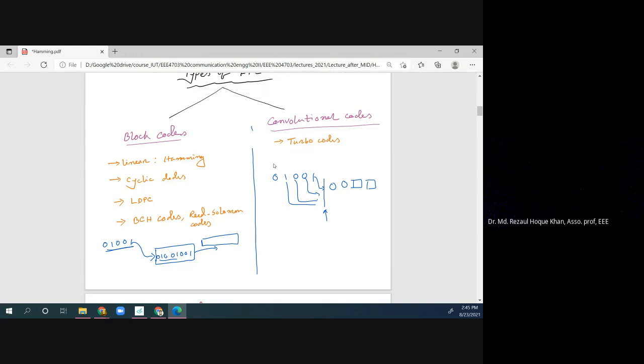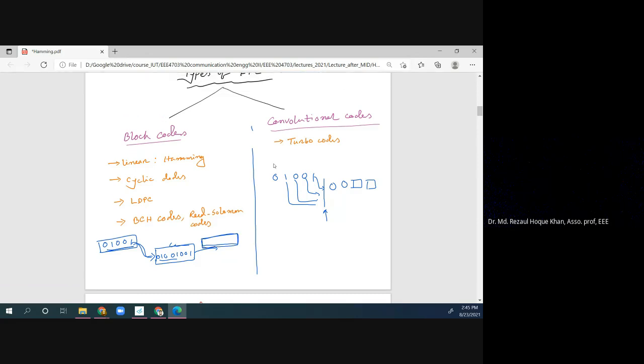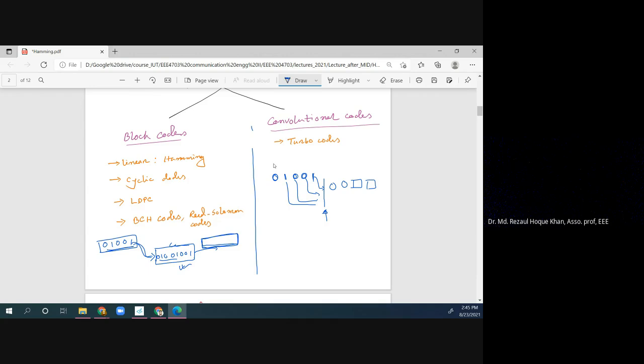So in block code you have to wait for a block. The block of information goes in, some process happens, then an equivalent block of code word comes out. But in convolution code the data bits are individual, and for each an equivalent convolution code is generated. You have to wait to generate the complete block code.